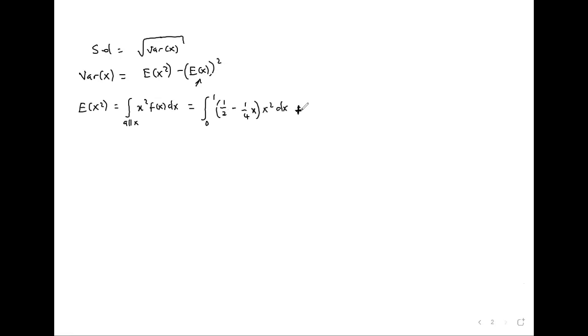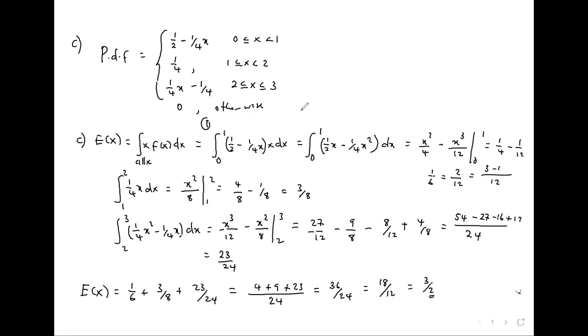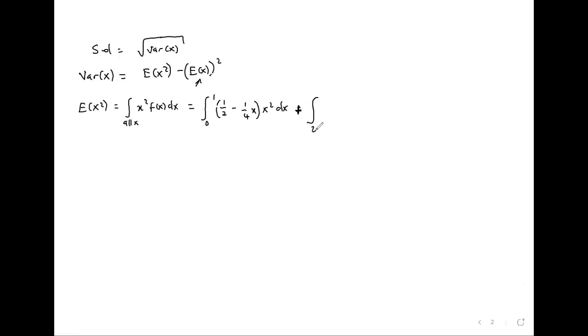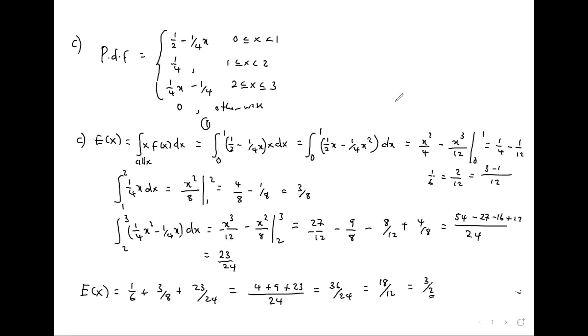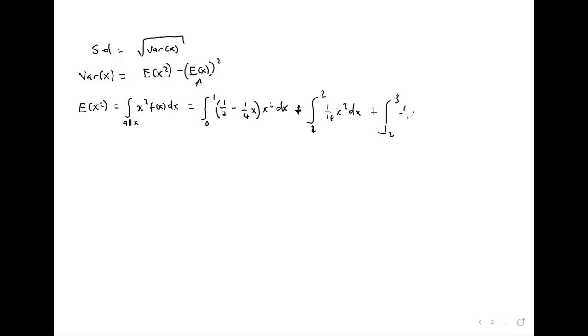Of course, plus 1 over 4, the integral from 1 to 2, 1 over 4 x squared dx, plus the integral from 2 to 3, (1/4 x minus 1/4) multiplied by x squared dx. As we expand, we'll be integrating.